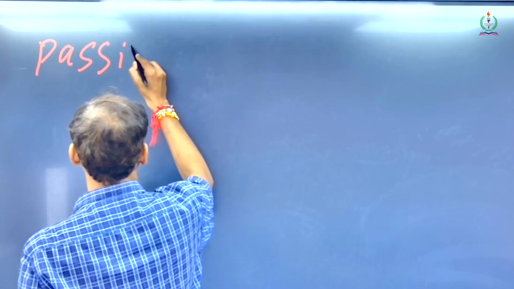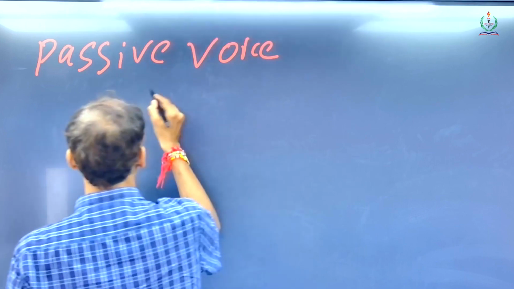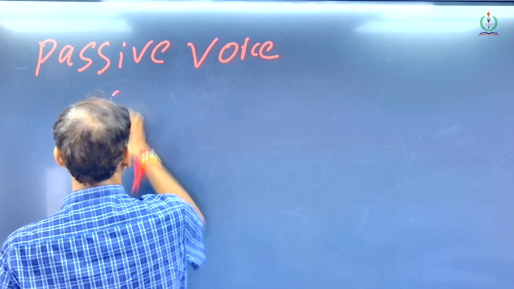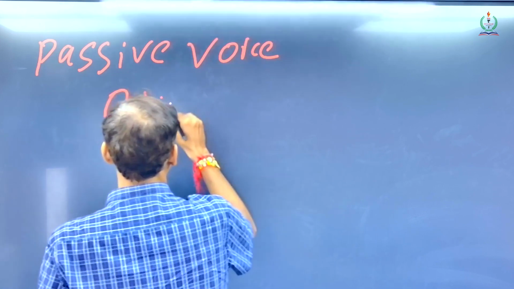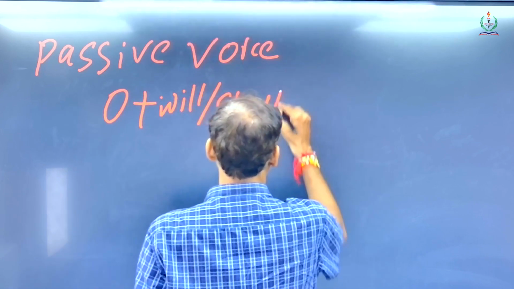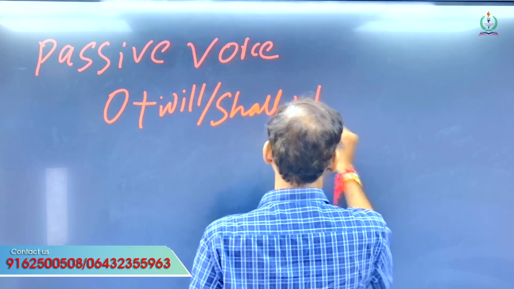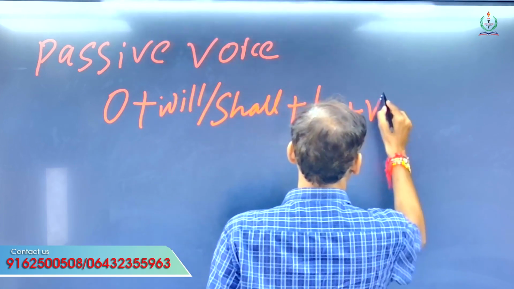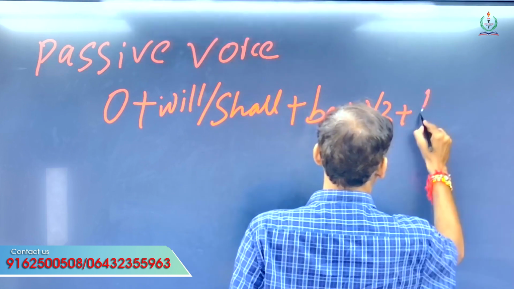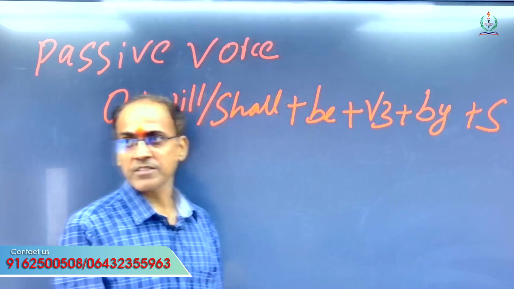The passive voice structure is object plus will or shall plus be plus V3 plus by plus subject. This is the structure.